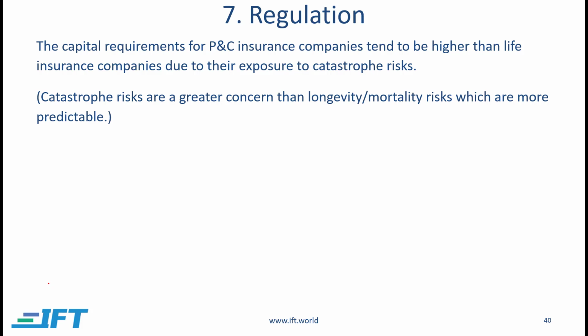So how do you compare the capital requirements to the different types of insurance businesses? So for instance, property and casualty will have a higher capital requirement than life insurance. And why do you think that is? So life insurance business is very predictable, because remember the mortality tables we discussed.